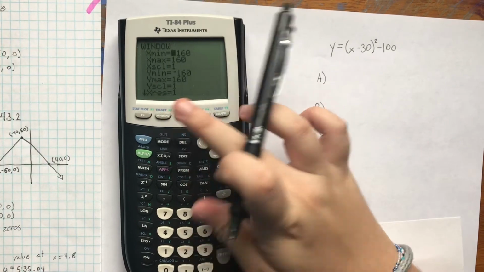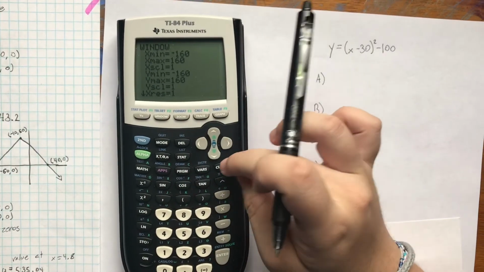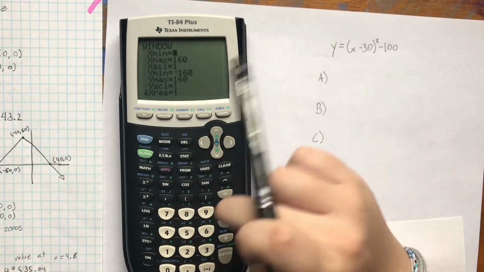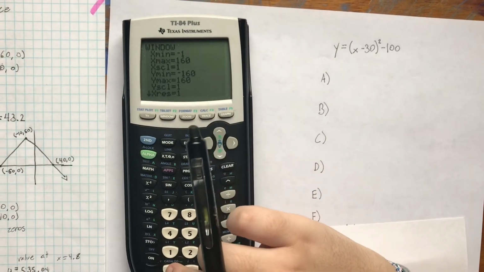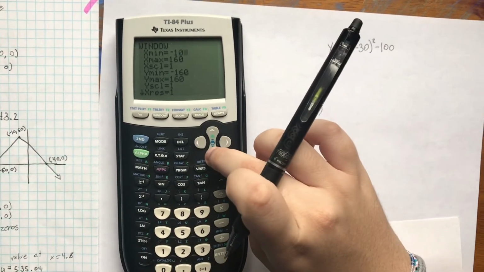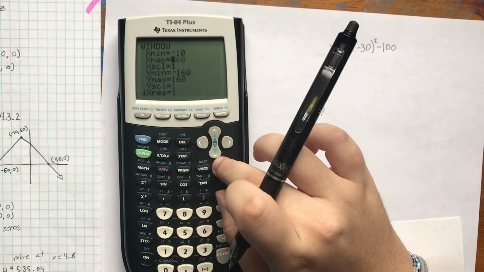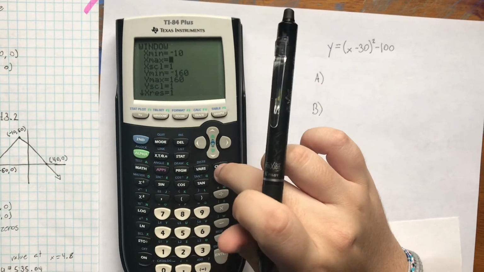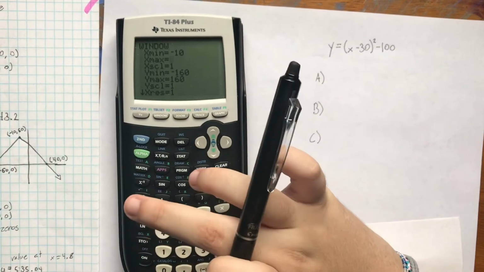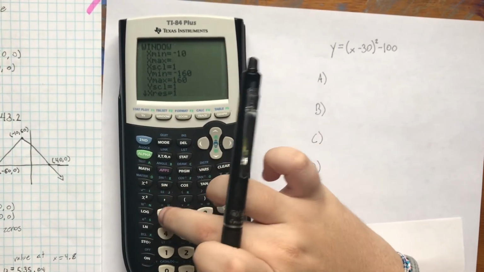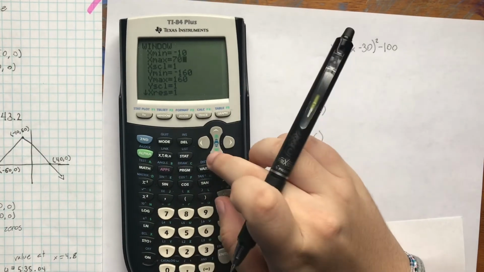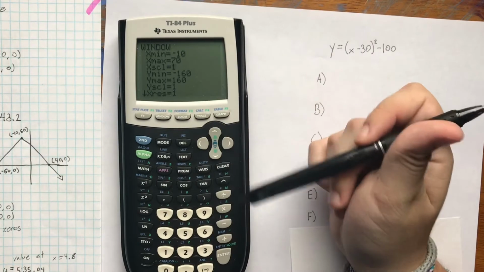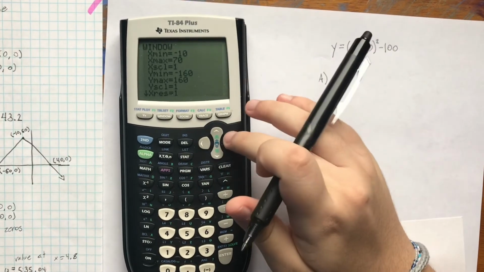So let's go back over here. And so for the x minimum, I'm going to go to negative 10, just because there isn't a lot past that y-axis. And for our x max, I'm going to go to about 70, just to be safe with that extra 20 that we already saw, considering it's going up and going to get even wider.